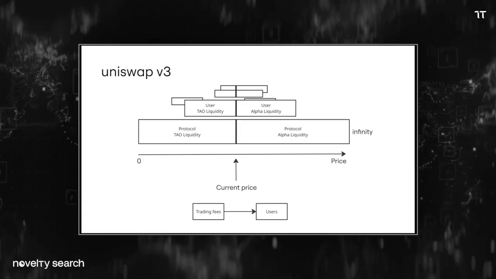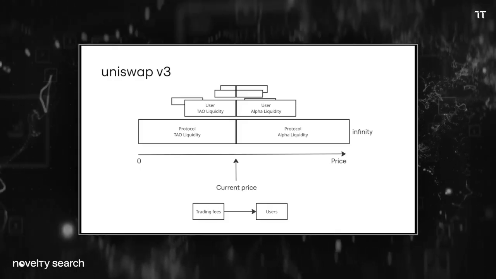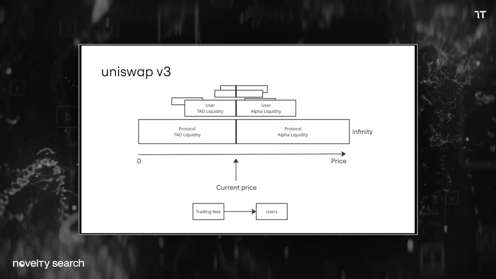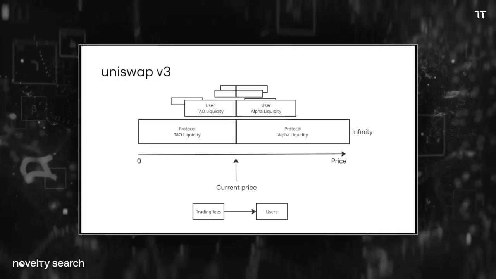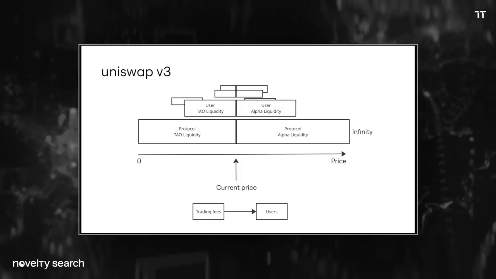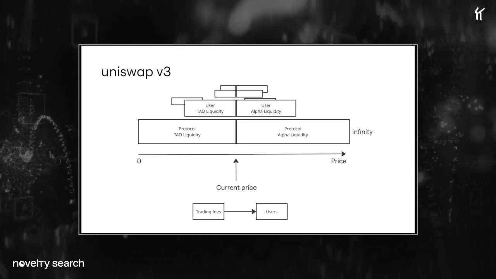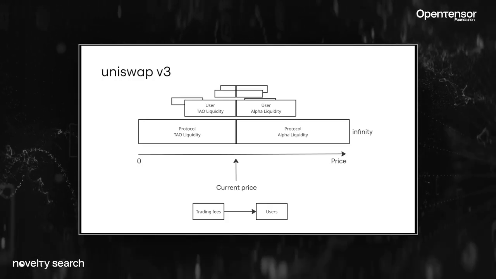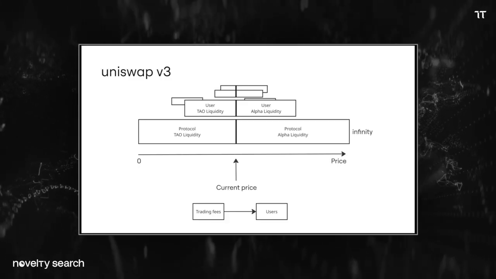So because you're providing liquidity, you get rewarded. The fees are currently 0.3%, and we'll talk about this later. But right now they're 0.3%, and that's what gets distributed between liquidity providers. So that's the first benefit that users get: whoever owns tau and staked alpha on the subnet can provide liquidity and earn more fees.